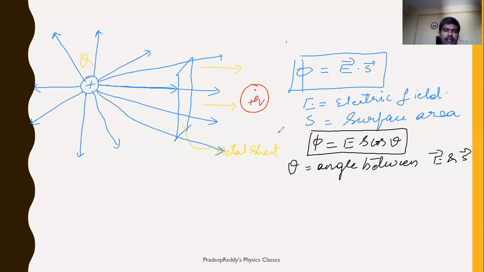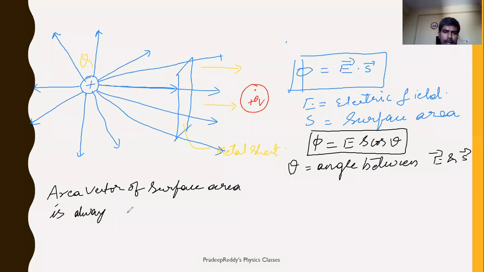Now in this case, remember that the area vector of a surface area is always perpendicular to it. As this is a surface area, it has length and breadth. The area vector is perpendicular to its surface area.